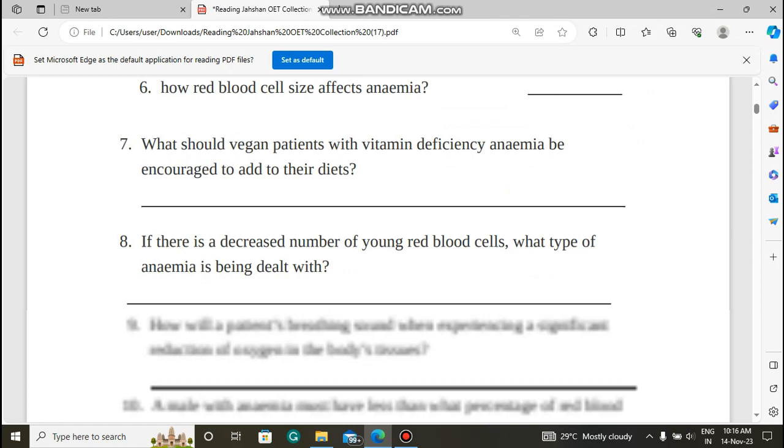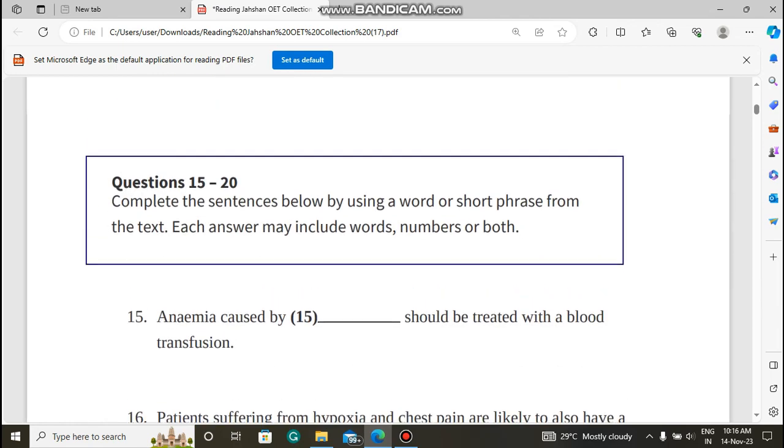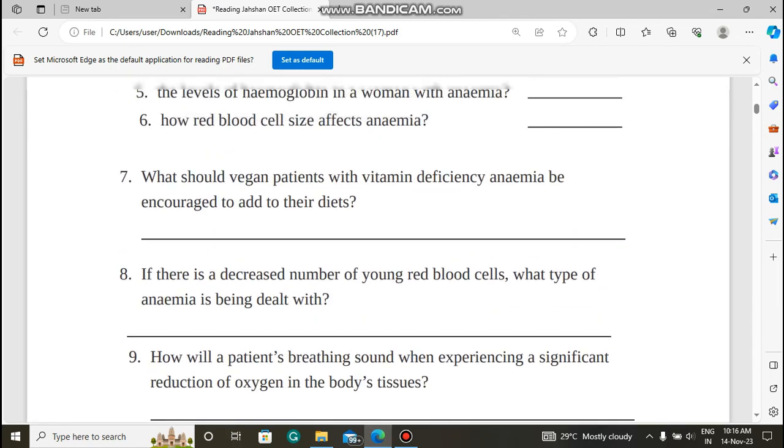Now let's move to the sixth question. How red blood cell size affects anemia? How? The questions how, what, where, when, all these are very important. So how red blood cell size affects anemia? You will have to understand the question first, then only we can look for the answer. So question number 6.